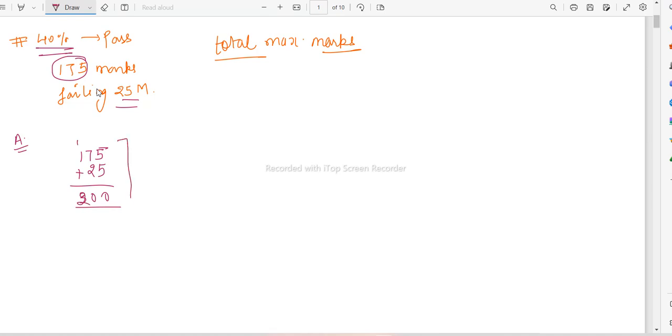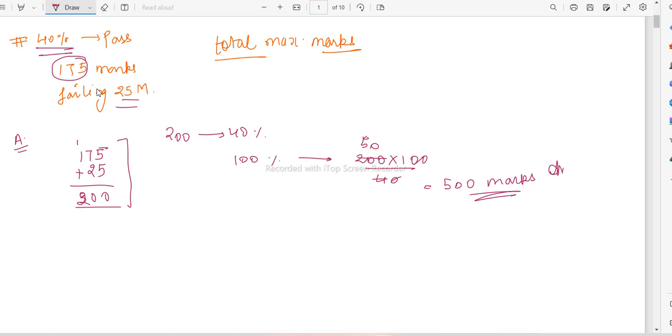So these 200 marks would be equal to 40%. What would be the 100% value? 100% would be equal to 200 into 100 upon 40. So straight away you'll get 500 marks. So 500 was the total marks of the exam. This is going to be your answer.